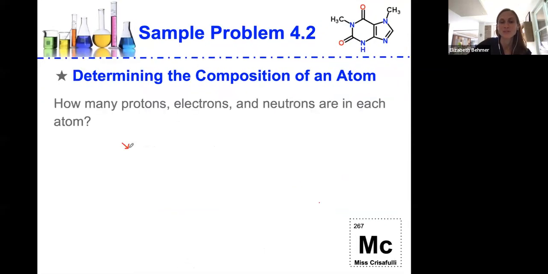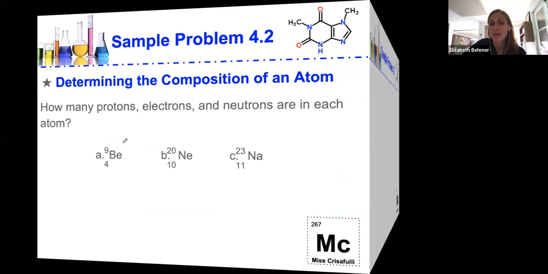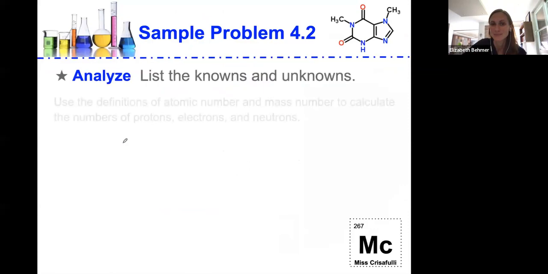And the atomic number is always the number at the bottom. The atomic number is always equal to the number of protons and electrons in a neutral atom, and the mass number is always equal to the number of protons and neutrons, because those are the subatomic particles that make up the mass.